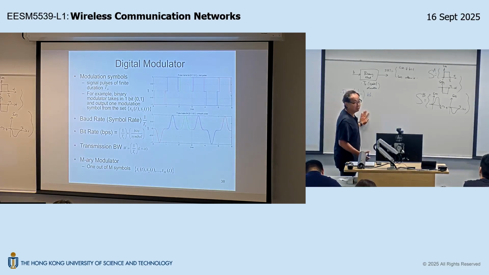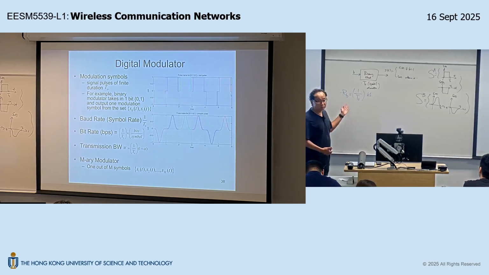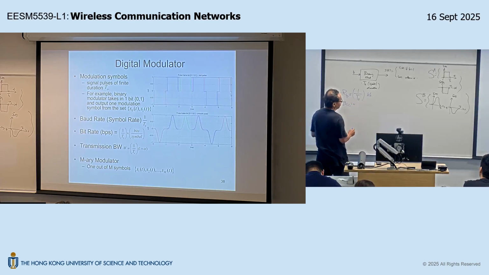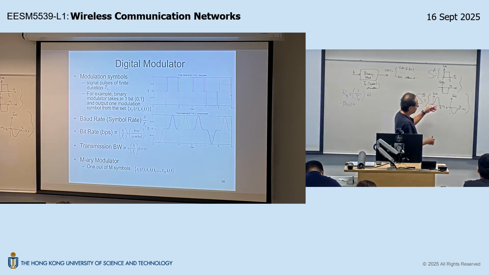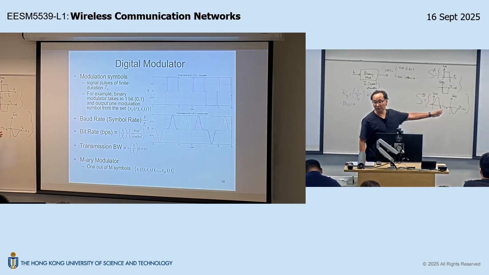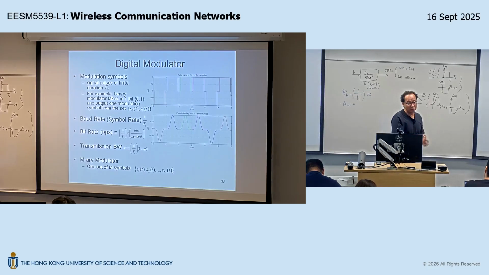Now, okay, then in the resource metrics, can we talk about the bandwidth? Yes, the bandwidth depends on the Fourier transform of the symbols that we design into the signal set. So remember, without going through the actual Fourier transform calculation, last time we talked about bandwidth, there were two factors that affect the bandwidth, right?